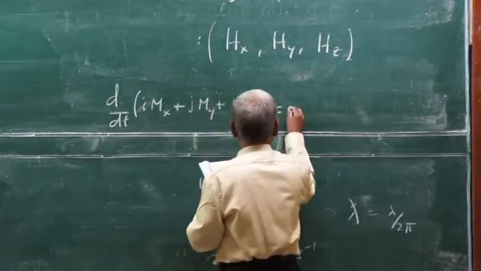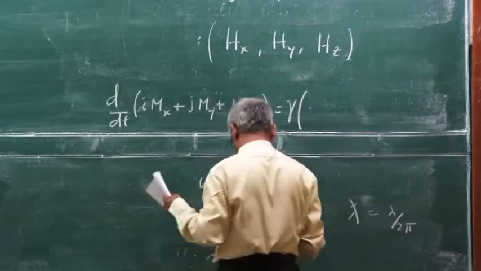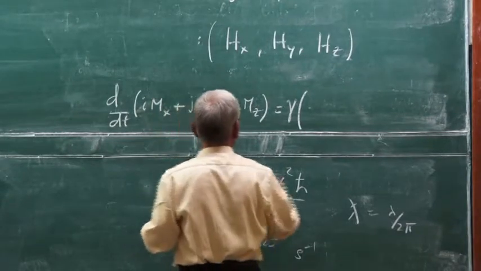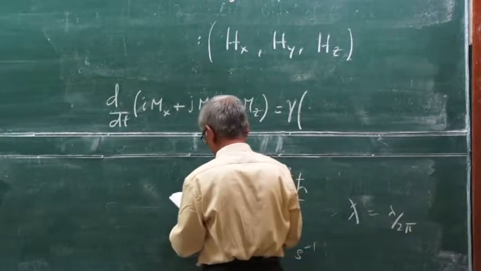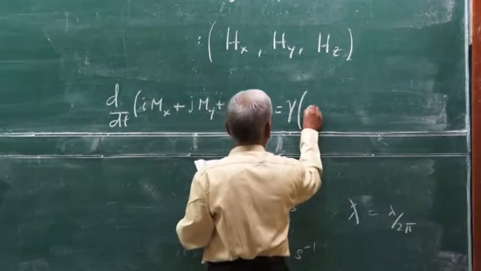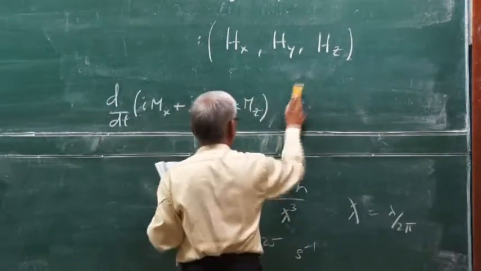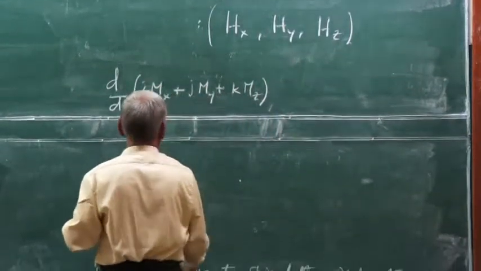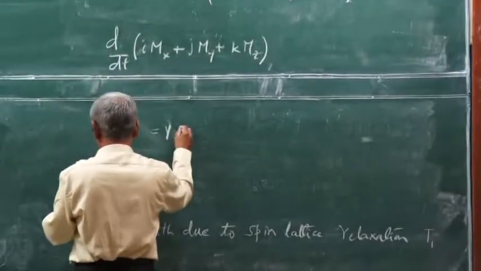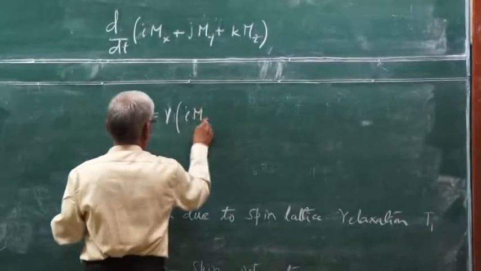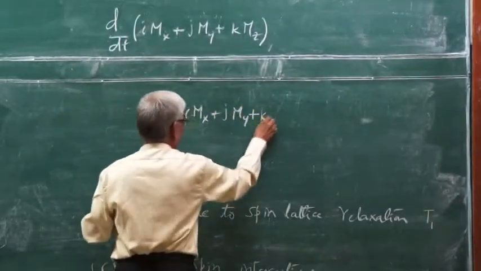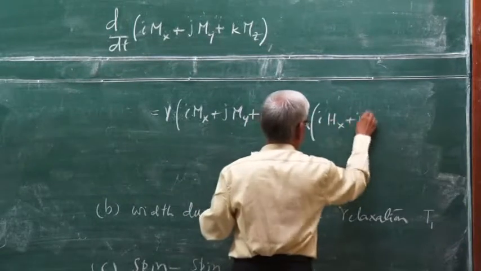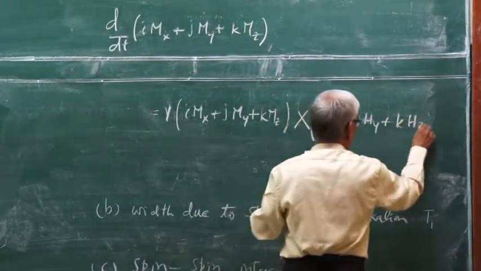This is equal to gamma times (i Mx plus j My plus k Mz) cross (i Hx plus j Hy plus k Hz).